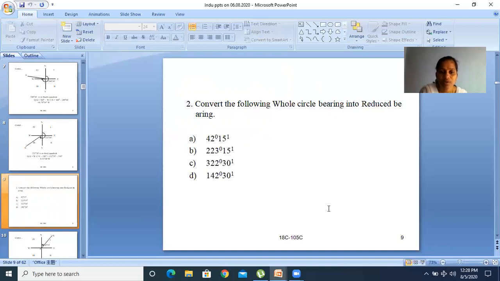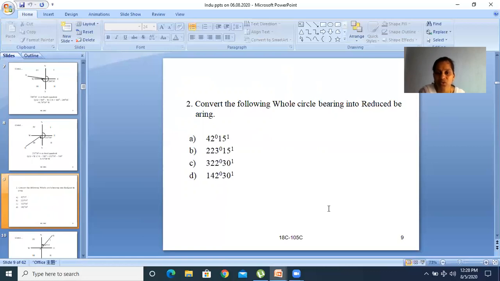Take the first one, 42 degrees 15 minutes. The WCB is 42 degrees 15 minutes, so it is in the first quadrant. So QB is equal to WCB, but we have to show the quadrants. So QB is north 42 degrees 15 minutes east.